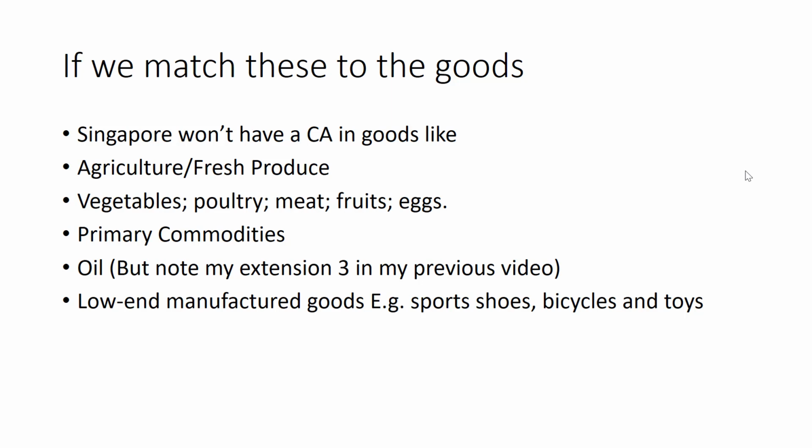So even though Singapore does not have a comparative advantage in crude oil, we do have a comparative advantage in refining the oil. So we export a lot of refined oil. We also don't have a comparative advantage in low-end manufactured goods such as textiles, sports shoes, bicycles, and toys.